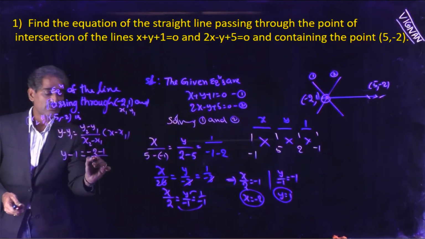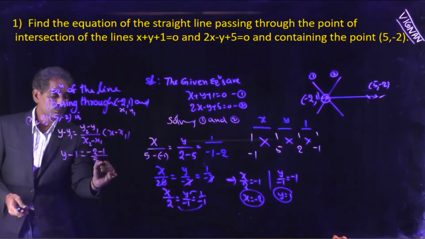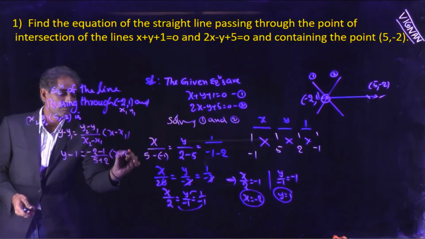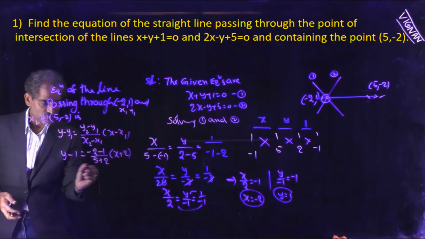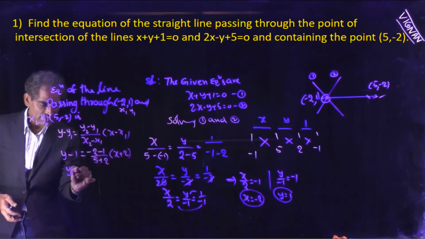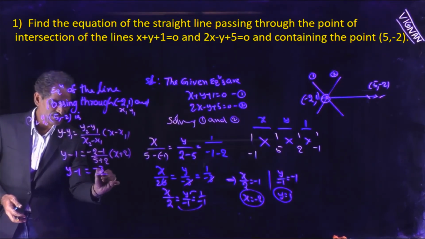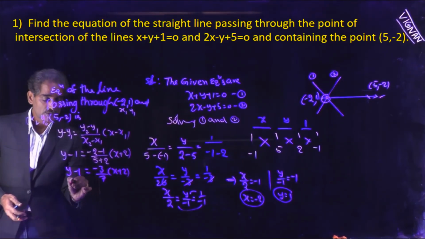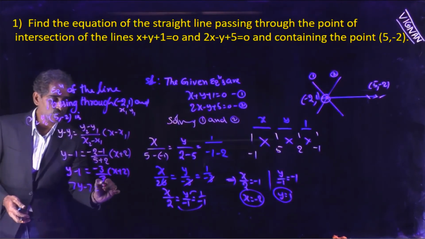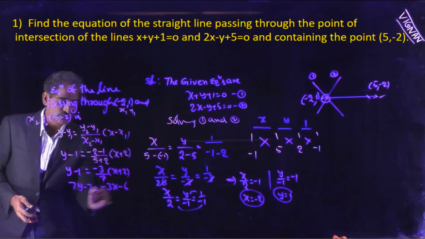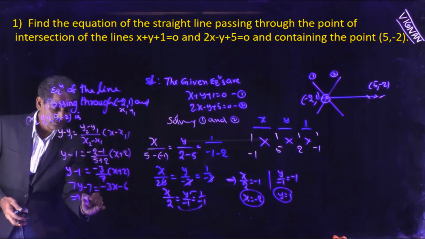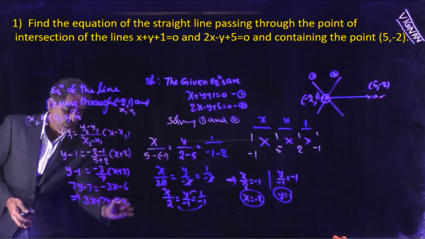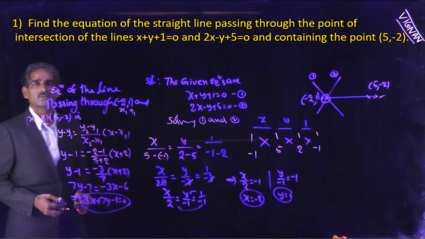Here x2 is 5, x1 is minus 2, so minus of minus 2 is plus 2, into x minus x1. So y minus 1 is equal to minus 3 by 7 into x plus 2. 7y minus 7 is equal to minus 3x minus 6. From this we can write 3x plus 7y minus 1 equal to 0. This is the required equation.